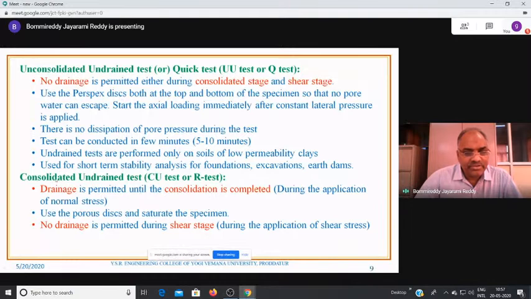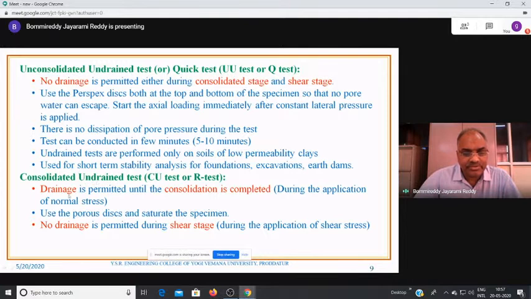Consolidation process means removal of the water from the soil. So during the consolidation process, drainage is permitted, whereas during the application of the shear stage, no drainage is permitted.